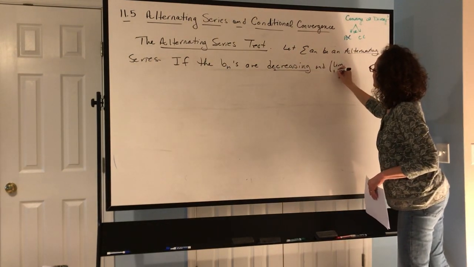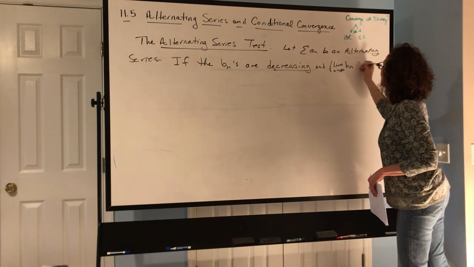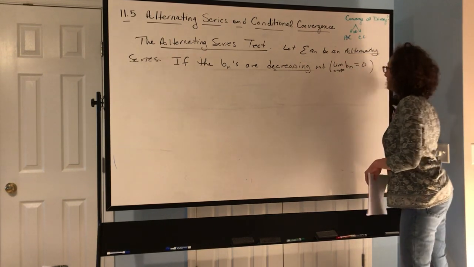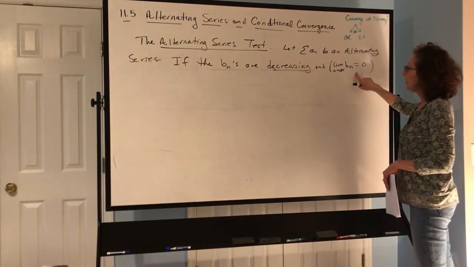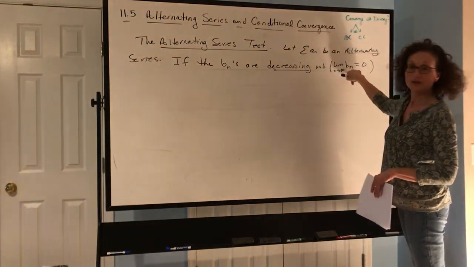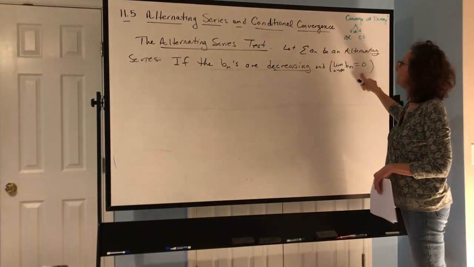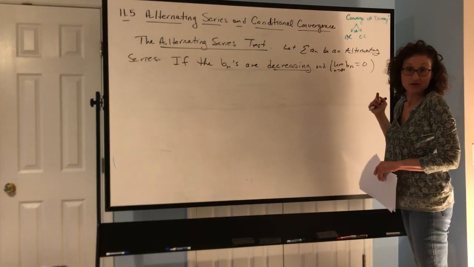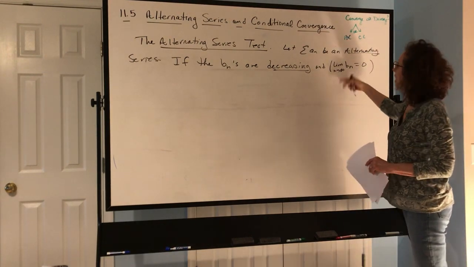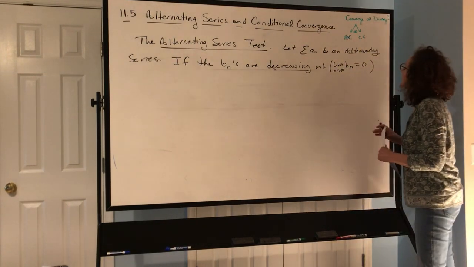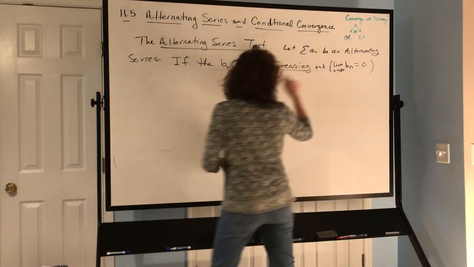The limit as n goes to infinity of b sub n is equal to 0. Well, why? If that limit isn't 0, then the divergence test would have said that this guy diverges. So anyway, you should have caught that before you got there. Okay. Anyway, so we need both of these.